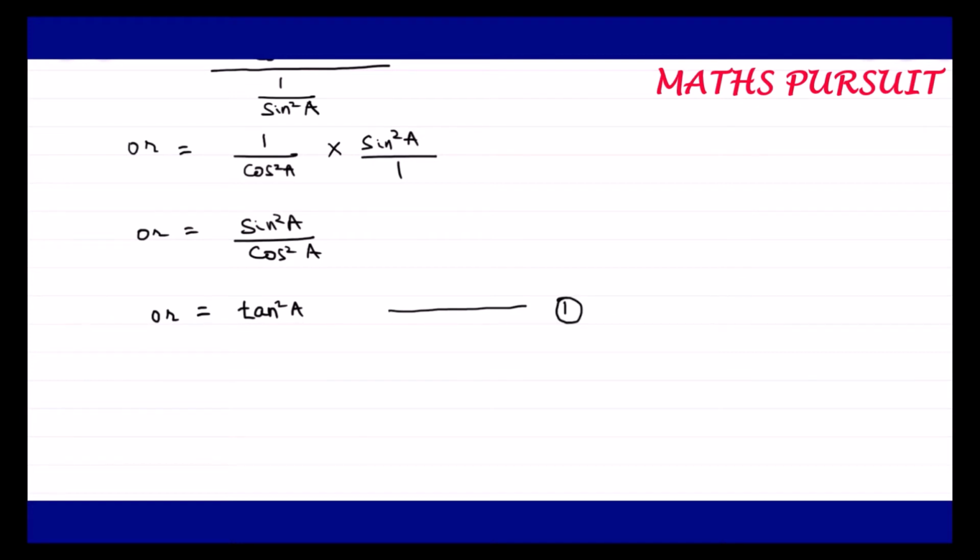We are able to find out that sin square a upon cos square a is equal to tan square a, and this is nothing but the right side of the equation. Hence we are able to prove that the left side of the equation is equal to the right side of the equation, because we started with the left side and we are able to find out the right side.